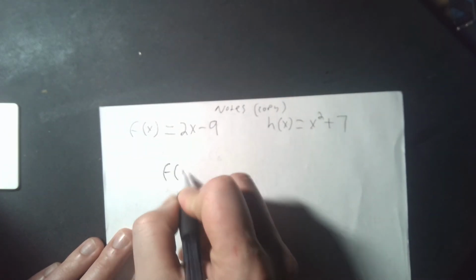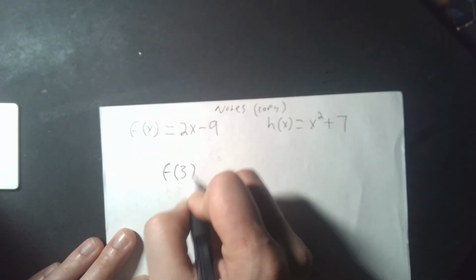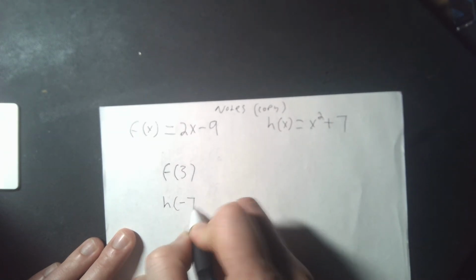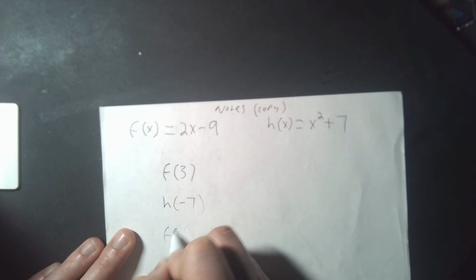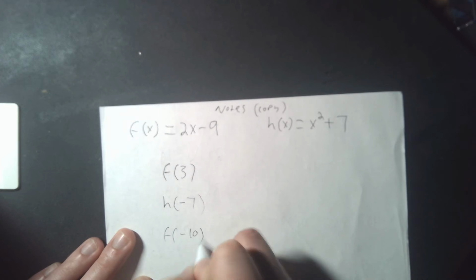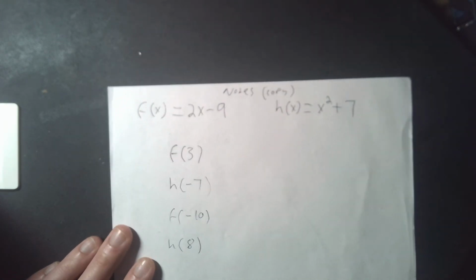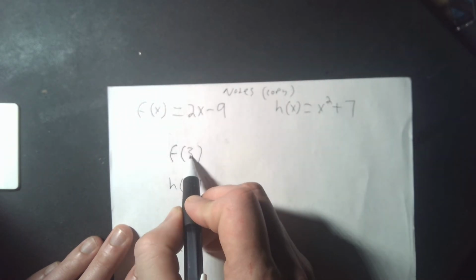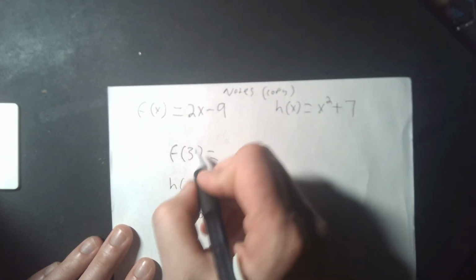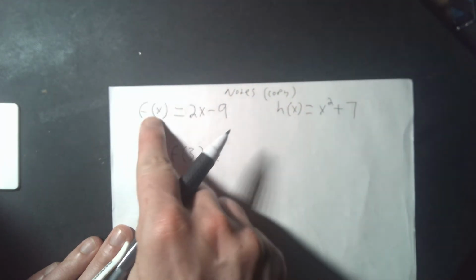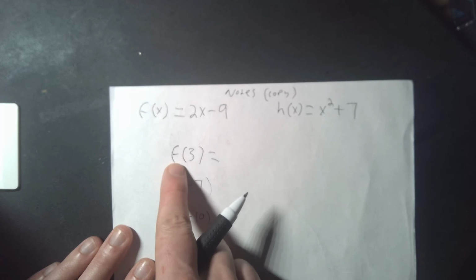So let's say we have f of 3, h of negative 7, f of negative 10, and h of 8. Okay, so what's going to happen is f of 3, I'm going to plug in 3 for x on the f function, not the h function, because that says f.